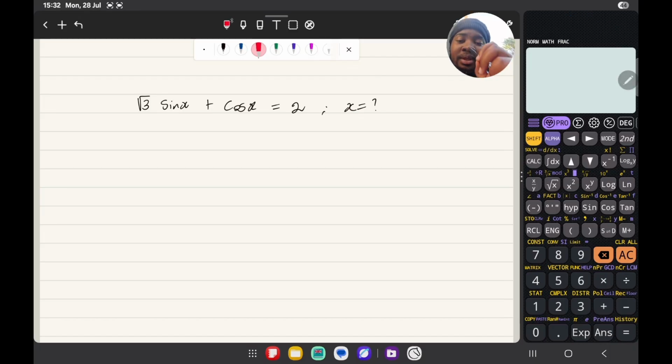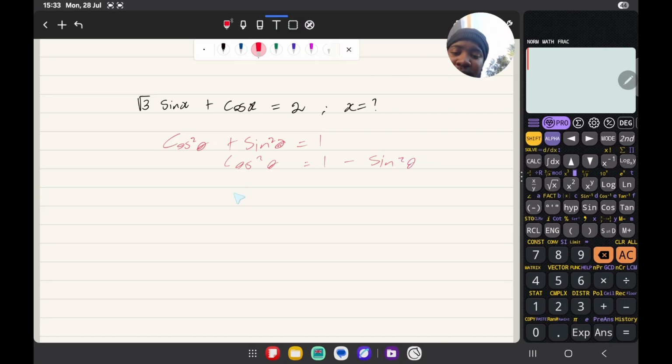But let's say, from cos squared theta plus sine squared theta equals 1, you can have cos squared theta equals 1 minus sine squared theta.